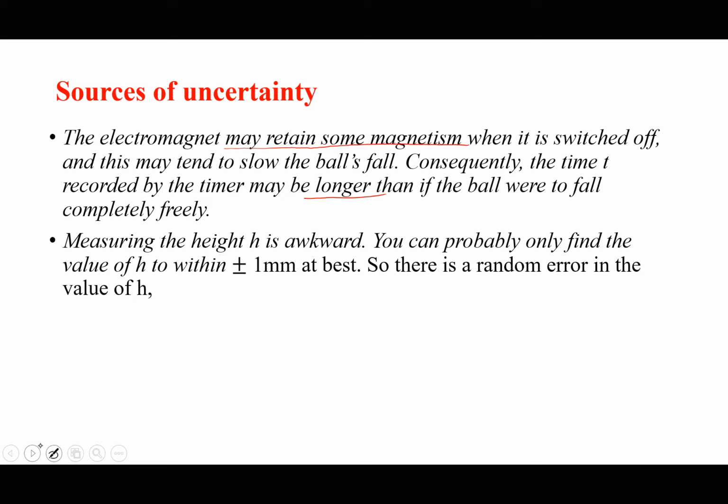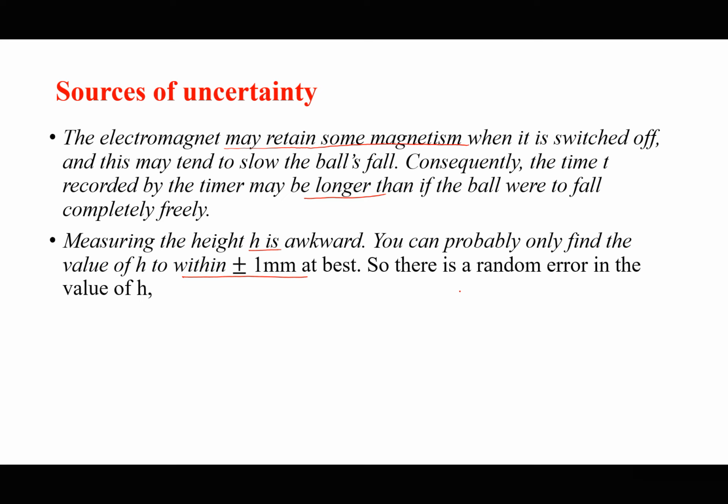Number two, measuring the height h is also an awkward procedure. You can probably only find the value of h to within plus or minus 1 millimeter at best, because a tape measure or meter ruler measures to 1 decimal place in centimeters. That is approximately 1 millimeter uncertainty. So there would be a random error in the value of h in most cases.